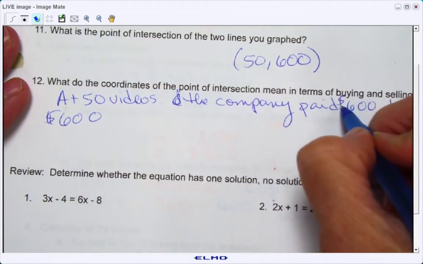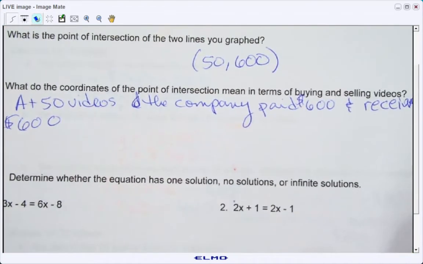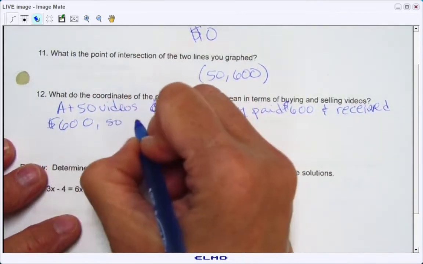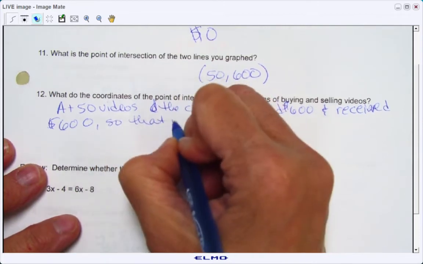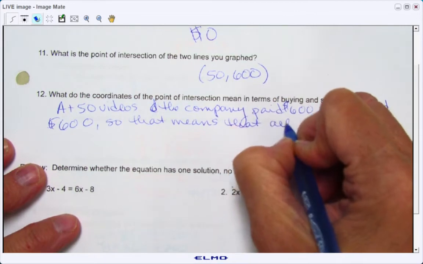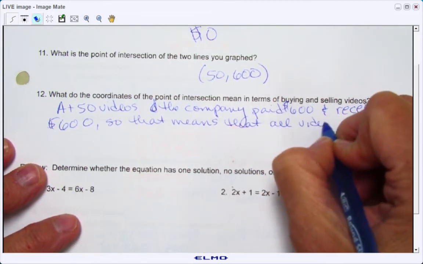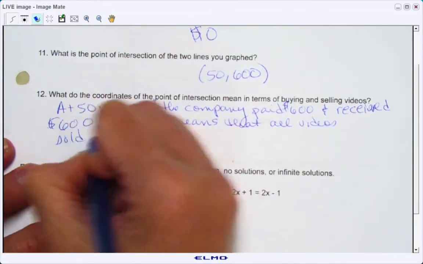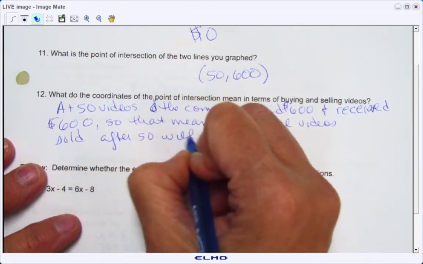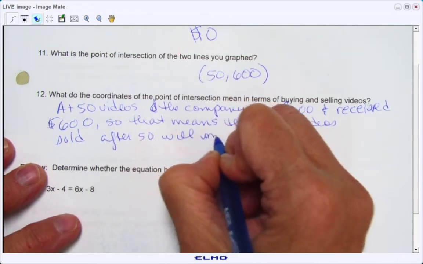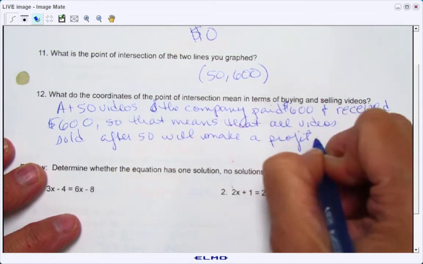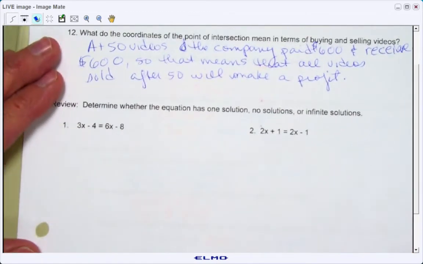I don't know why I didn't put a $ sign there. Okay, oops, sorry, I didn't realize that you couldn't see that. So that means that all videos sold after 50 will make a profit. That's what that means. Okay, so let's go down here.